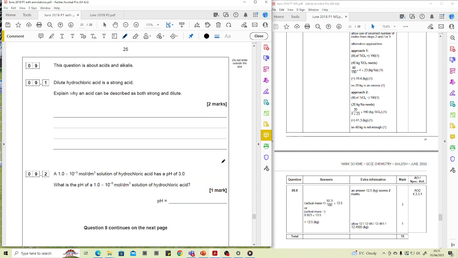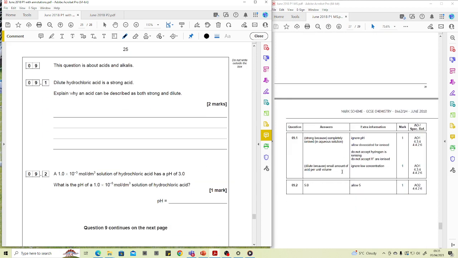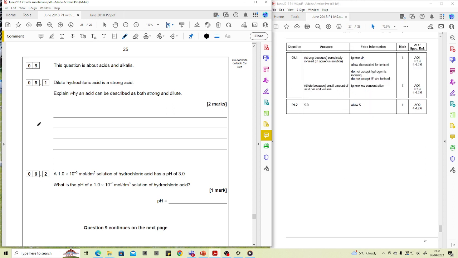Question 9. Dilute hydrochloric acid is a strong acid. Why can an acid be described as both strong and dilute? So strong is fully dissociated in aqueous solution.